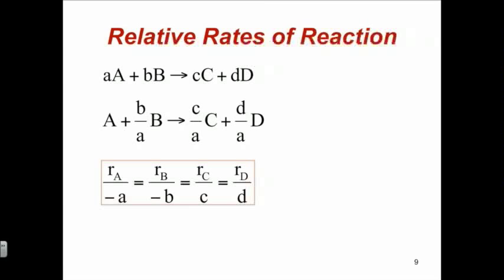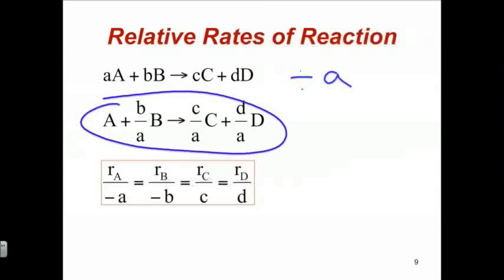First, we'd like to put it all in terms of 1A. So dividing out all terms by lowercase a will get us a reaction equation in terms of capital A, as seen here.